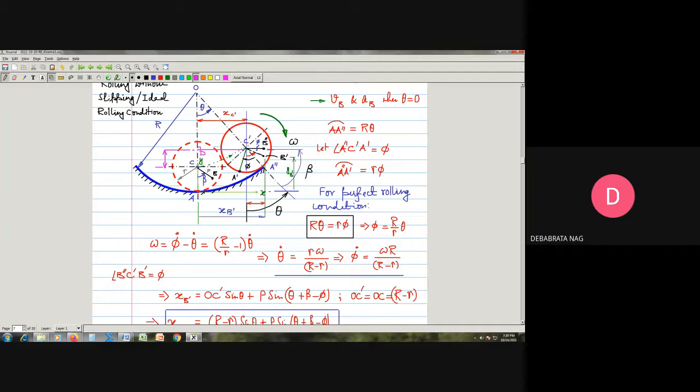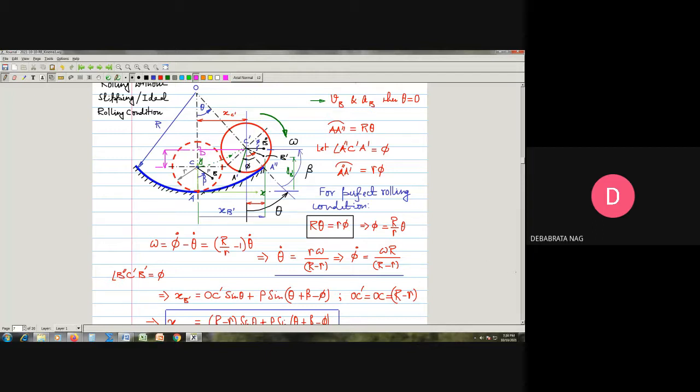And this total is capital R minus small r. So naturally, if we subtract these two, then I will be getting this height, that means the height of C to C dash. So that height we can very easily calculate from here. So that is going to be our height.